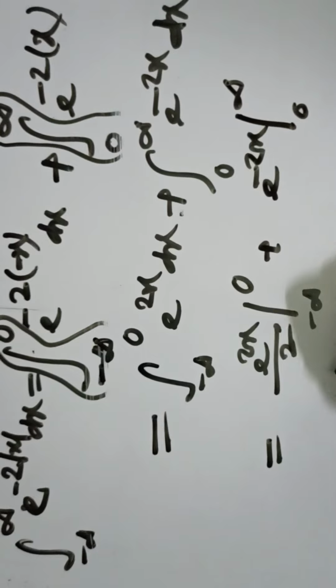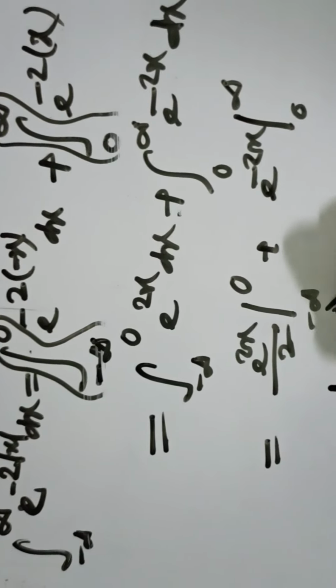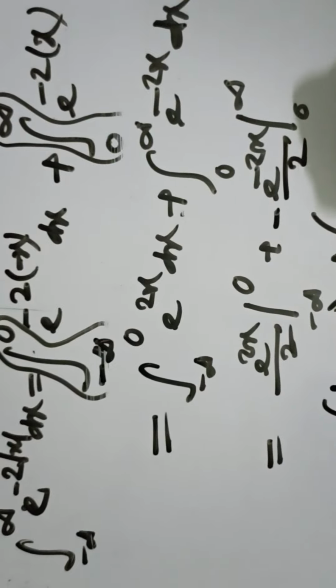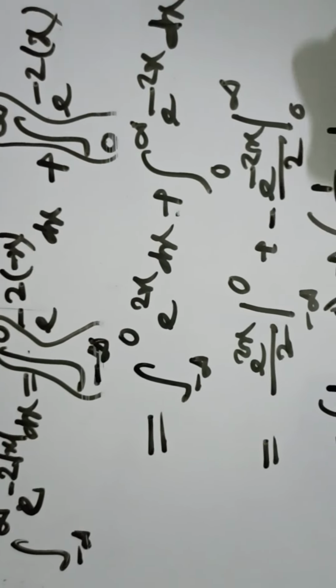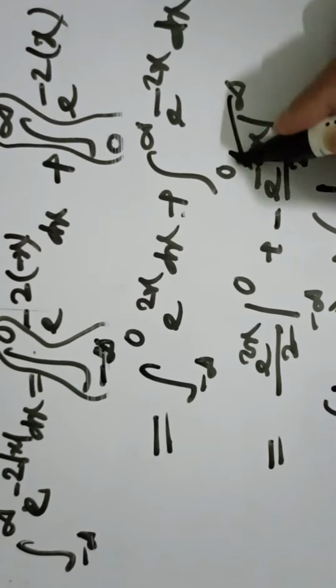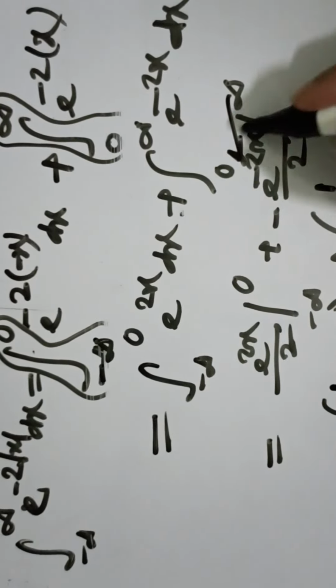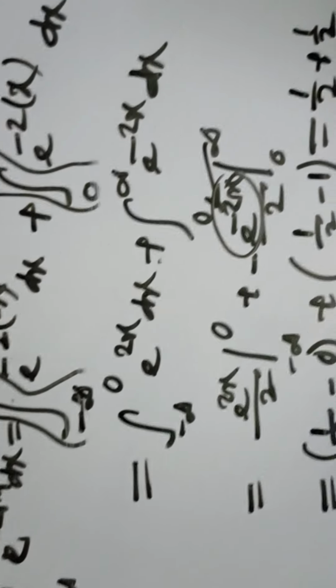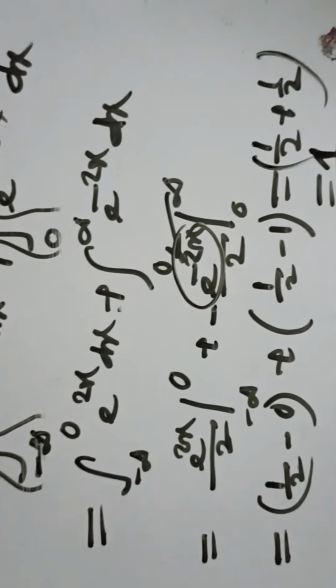So this becomes half, and at infinity it goes to 0, right? So we get half plus half, which means 1. So we get a value of 1.